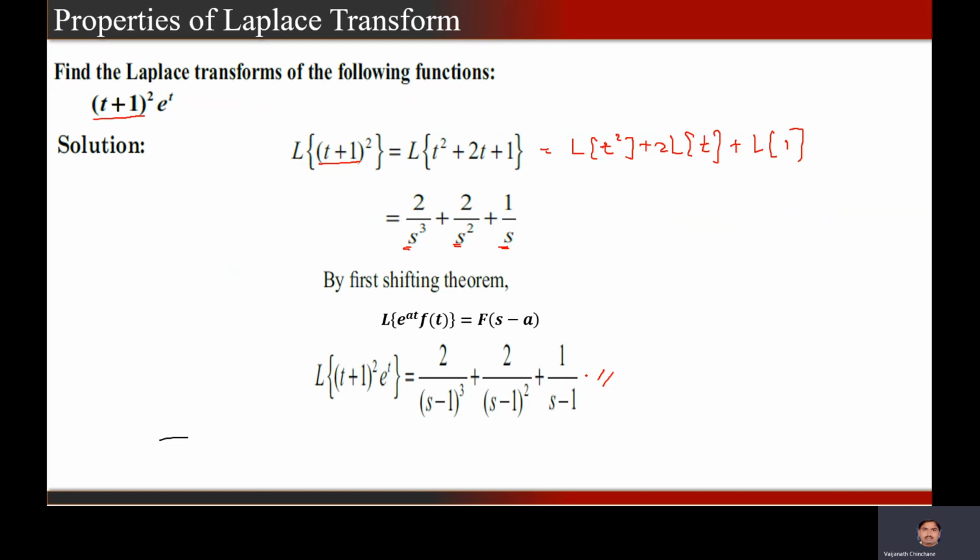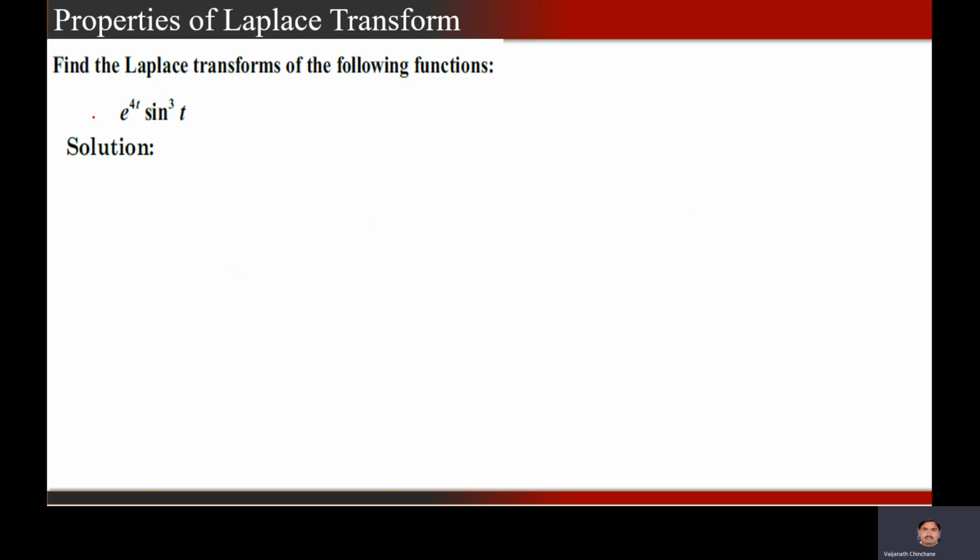Student, see next example here. Find the Laplace transform of e raised to 4t sine cube t. Now see, again this is a trigonometric identity.